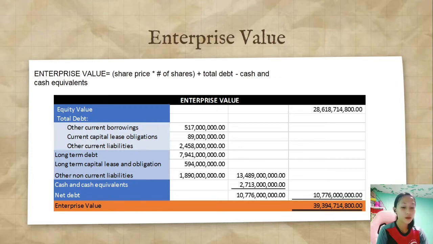10,776,000,000. So again, enterprise value is the combination of the equity value and the net debt. And so the total enterprise value of the company is 39,394,714,800.